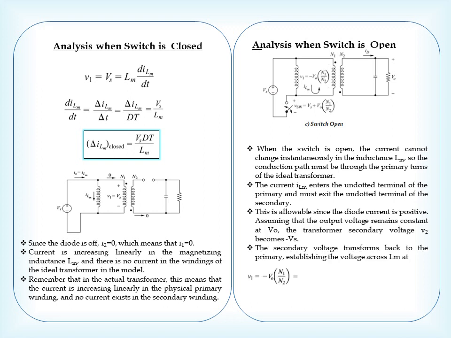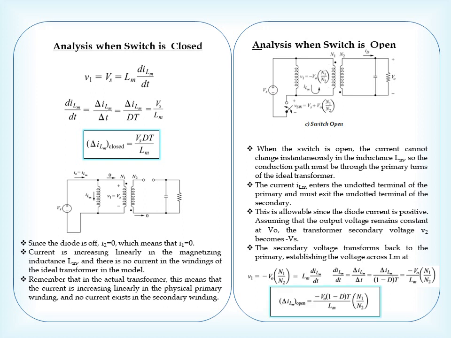So we can write V1, the primary voltage, is equal to minus V0 into N1 upon N2, which is in parallel with Lm, and it can be written as Lm dILm upon dt. But this is the time when the switch is open, which can be written as (1 minus d) into T. We equate it and find delta ILm open, which comes out to be minus V0 into (1 minus d) into T upon Lm into N1 upon N2.